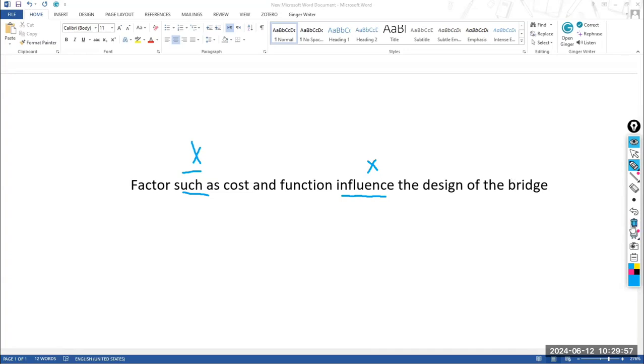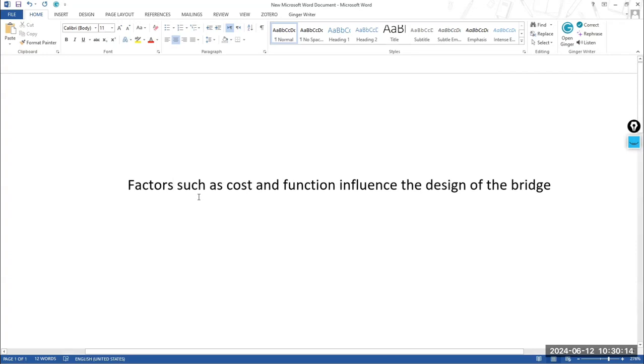Okay, let's go back to the subject. He said factors such as. Now, I don't know if he said the singular or plural. Maybe he said factor, one factor, or maybe he said factors. Factor is the man of the design, the bridge.